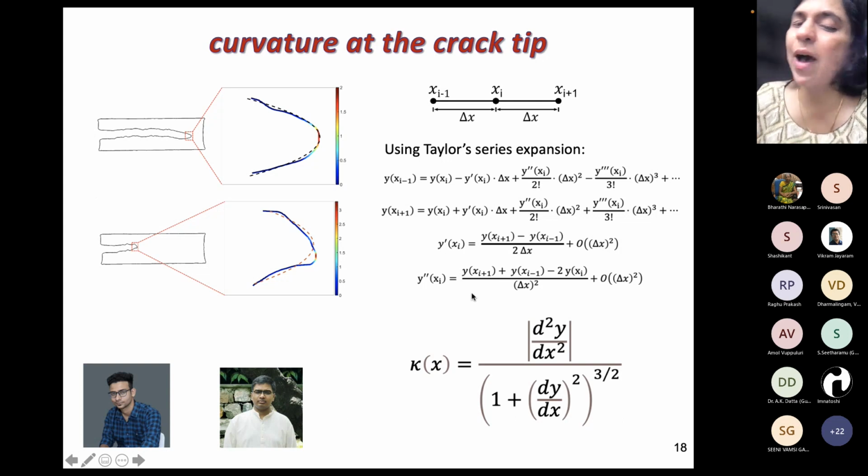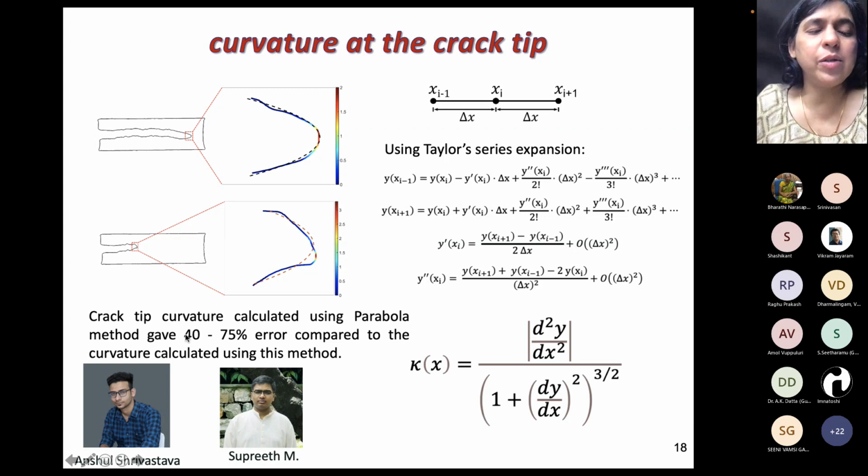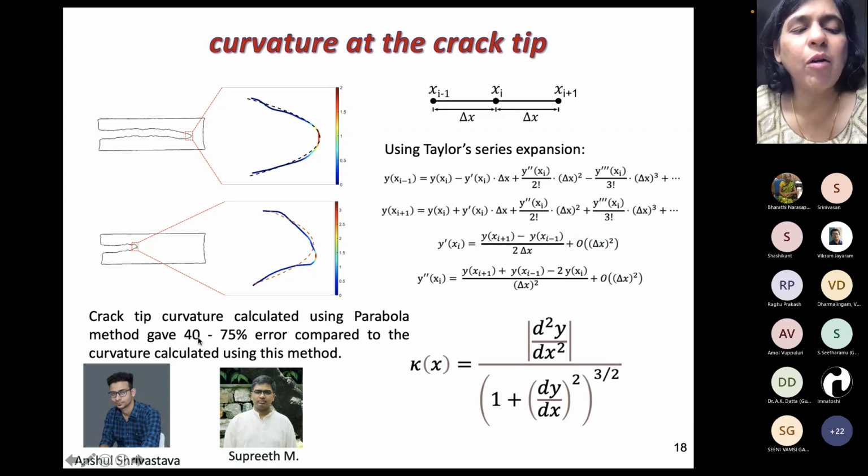Typically, we use about 5 to 7 points to determine the curvature, and that seems to give us a really nice expression for the curvature, which is significantly different from that of the parabolic method. So this is the errors that we have estimated, that the parabolic method gave almost 40 to 75% error as compared to the error calculated using our curve fitting method.